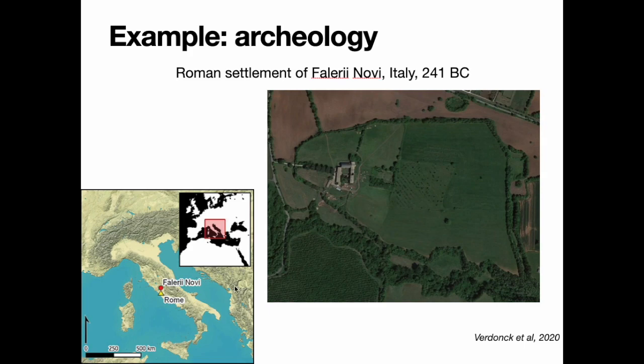So you see the map here. Roma is here, and Faleri Novi is 50 kilometers north of Rome. If you have a look at the satellite or aerial view of the site, you don't see much. That's basically a field here.